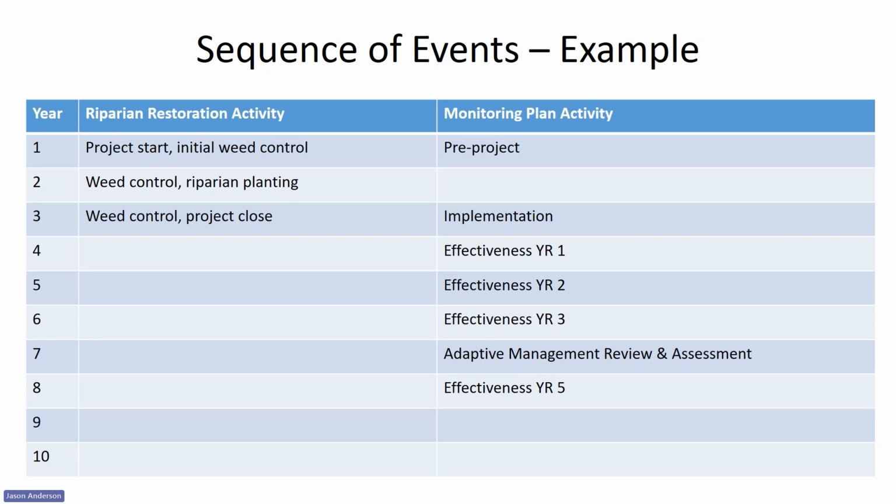In subsequent years, the effectiveness monitoring occurs according to the schedule that you prescribe in your monitoring protocols. So in this example, we've got effectiveness years 1, 2, 3, and 5. By effectiveness year 5, we would hope to be able to detect some changes with respect to pre-project and implementation monitoring results.